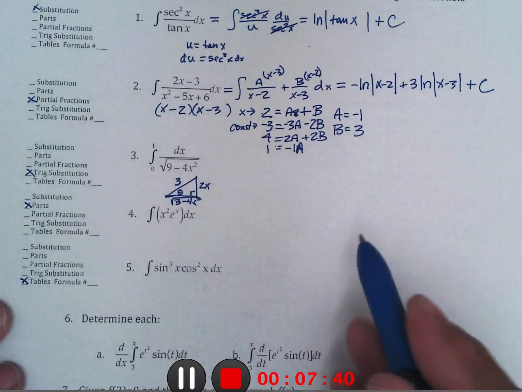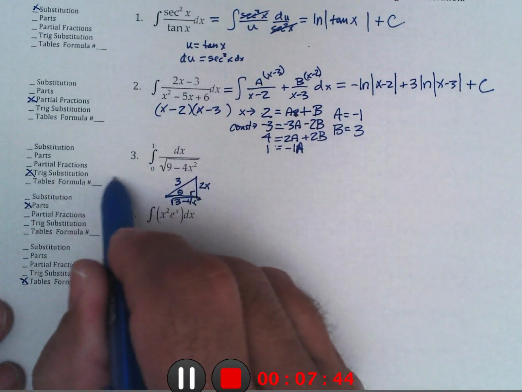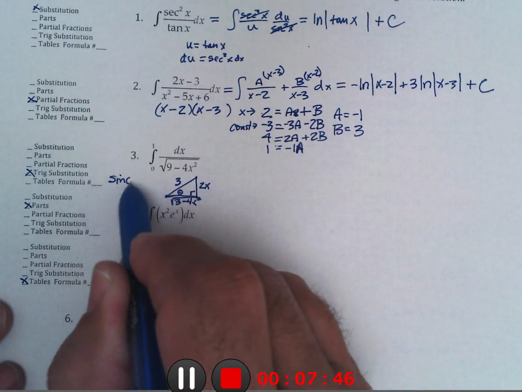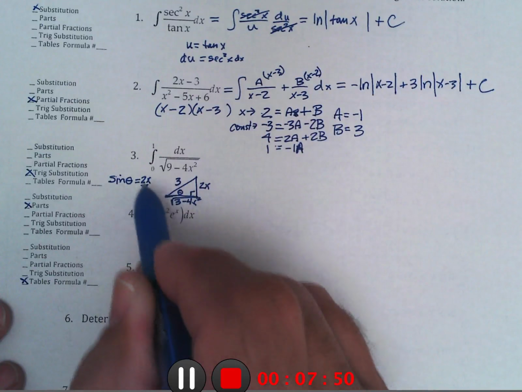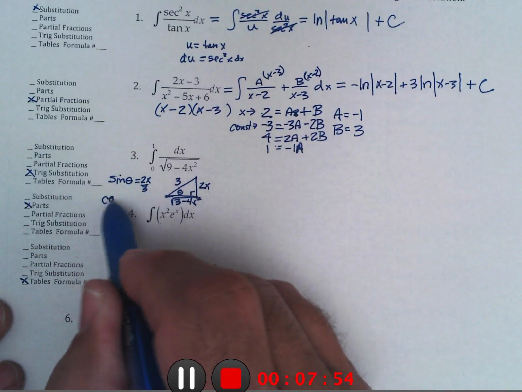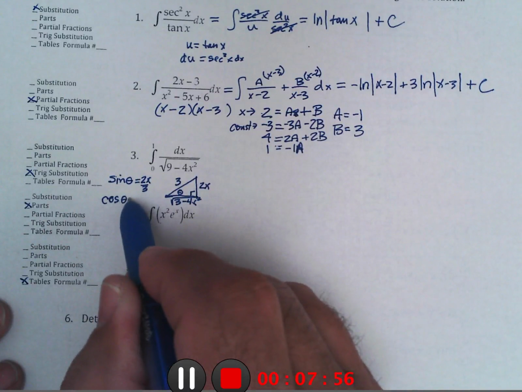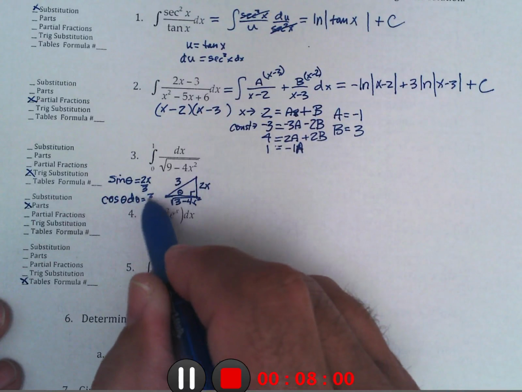So I have sine of theta is 2x over 3. So take the derivative: cosine of theta d theta is 2/3 dx.